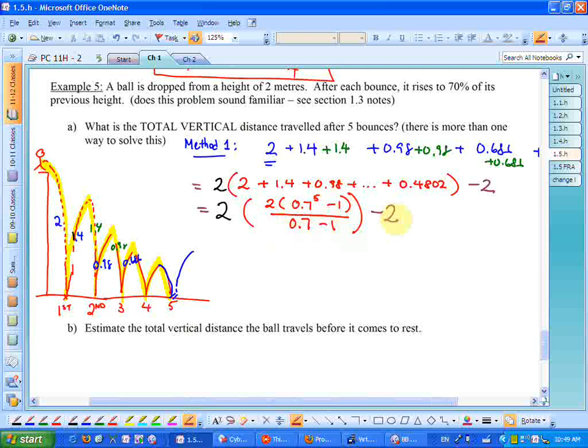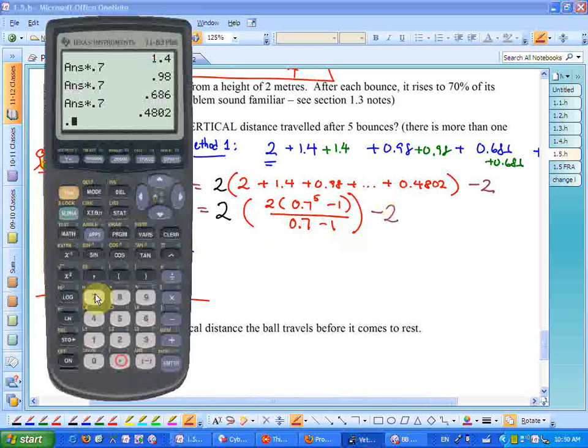You're confused? So this whole formula here just represents the sum of these terms in red. Okay. So go ahead and use your calculator, please, and punch that in and see what you get as your answer. Okay, I got 0.7 to the power of 5 minus 1 times 2 divided by negative 0.3.